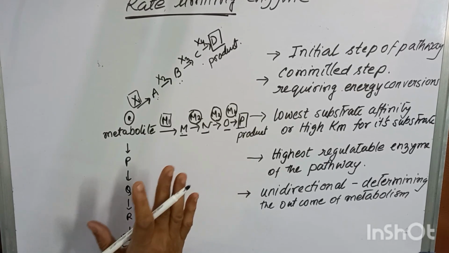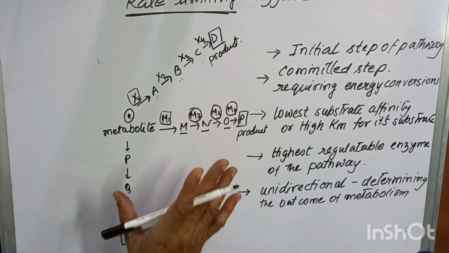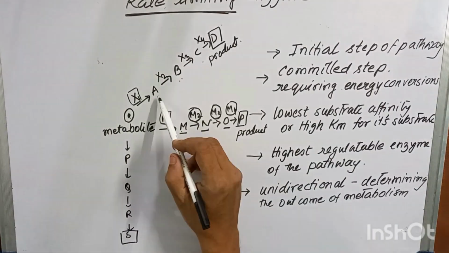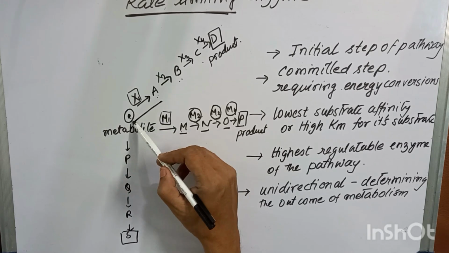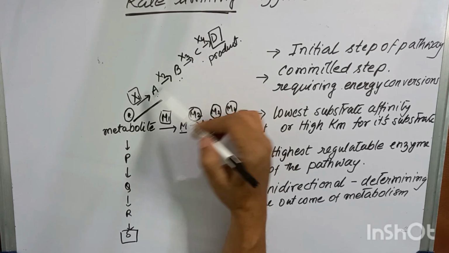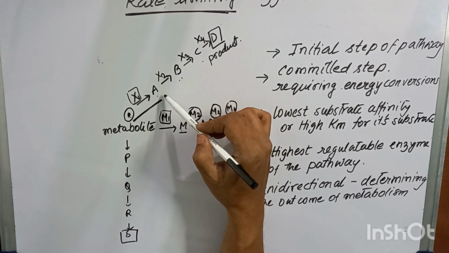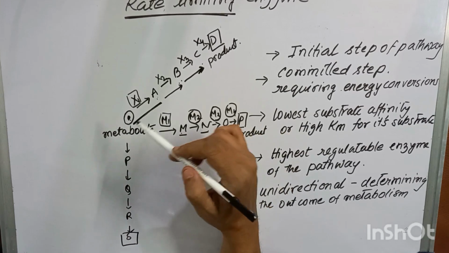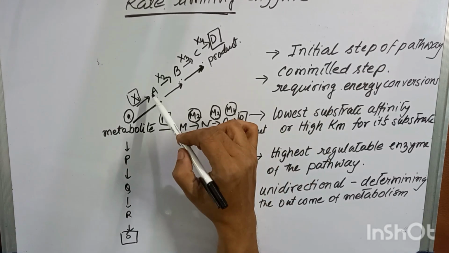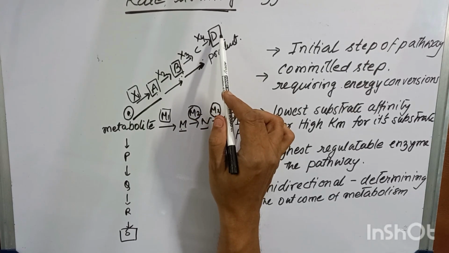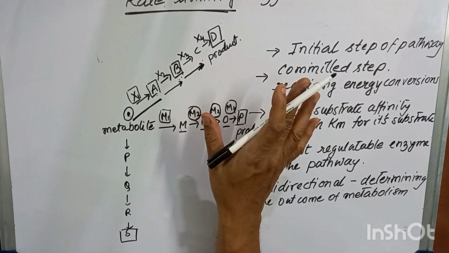Now, to limit a particular pathway, you need to limit it very early. Otherwise, if O to A somehow manages to occur, some A will get converted to B and some B will get converted to C. So there will be an absolute anarchy in metabolism, because these metabolites will get accumulated and will not give product.